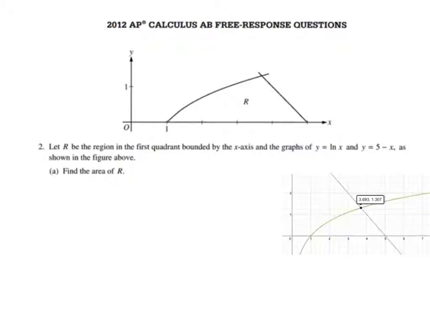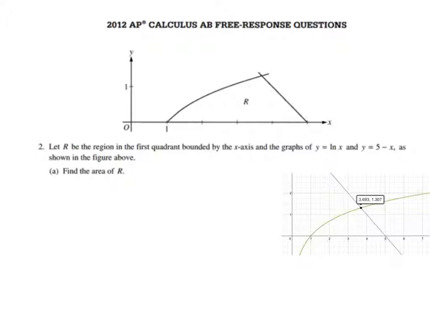Find the area of R. Now the one thing they didn't give us here is the intersection point, so I graphed it myself, and you can see that I did include the intersection points on my graph. This was a calculator question, so the expectation was you would want to get the intersection points with your calculator.